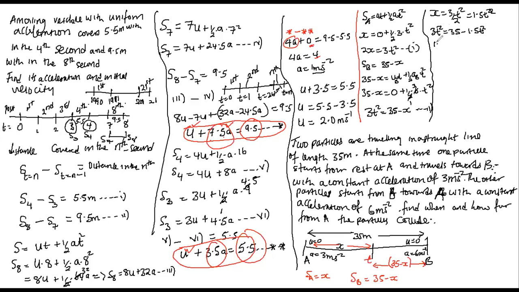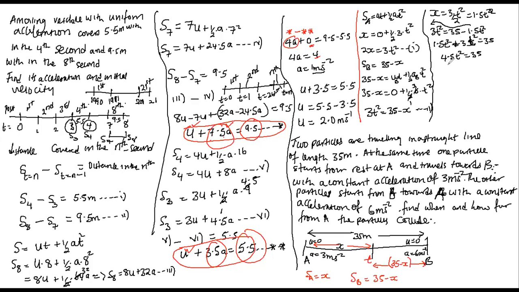Bringing this one this way, it becomes a plus. So 1.5 T squared plus 3T squared is equal to 35, giving 4.5 T squared is equal to 35.